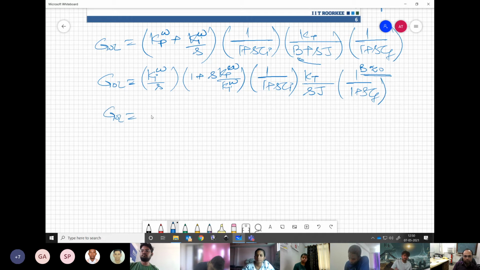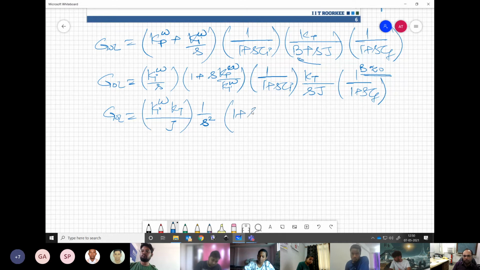The difference it has from other control loops is that it has a double pole sitting at the origin. So we have 1 by S square sitting over here. This we have seen for the DC motor as well. I am only revisiting those things so that those who have missed it can again understand what happened that time.